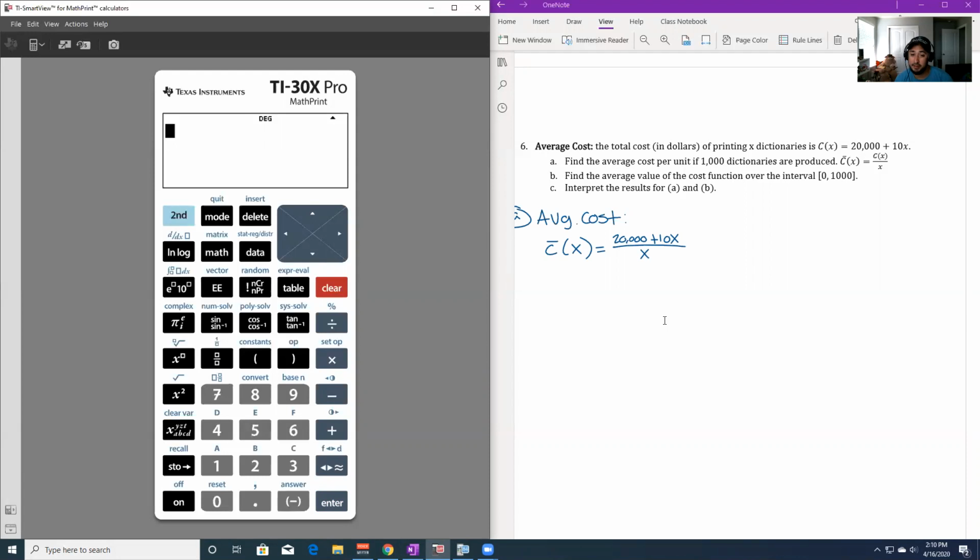Now all we have to do is plug in 1,000. So C bar of 1,000 is equal to 20,000 plus 10 times 1,000 over 1,000.